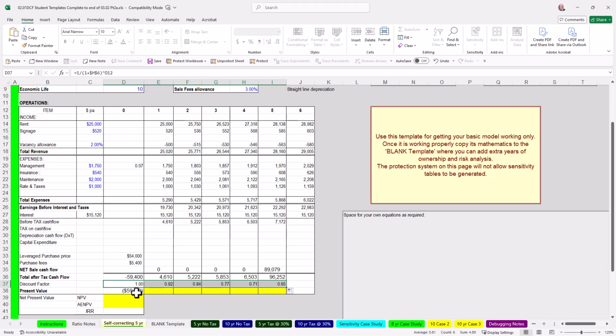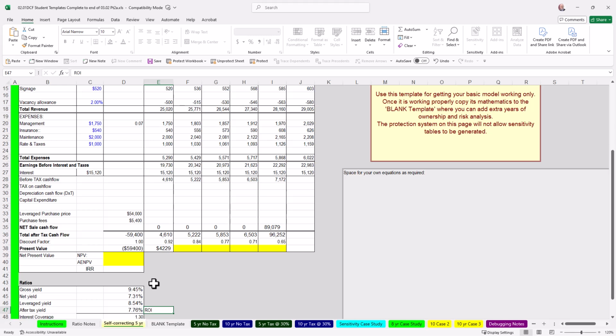Okay, we now take the future values and convert them to present values by multiplying by the discount factor. 4,600 multiplied by the discount factor, and that gives us 4,229, and we can fill that across.